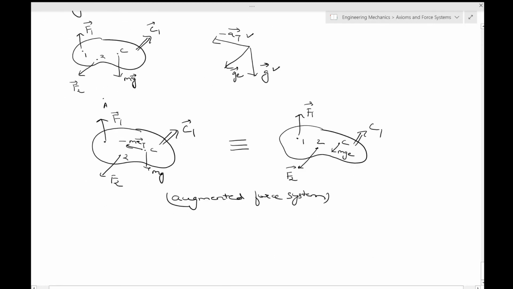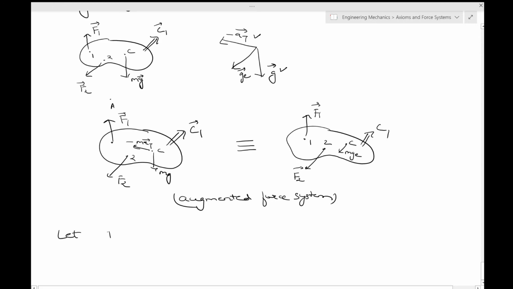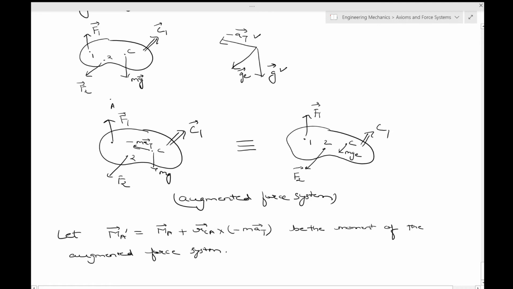Okay, now let MA dash be equal to MA plus RCA cross minus MAT, the moment of the augmented force system about A. Okay.